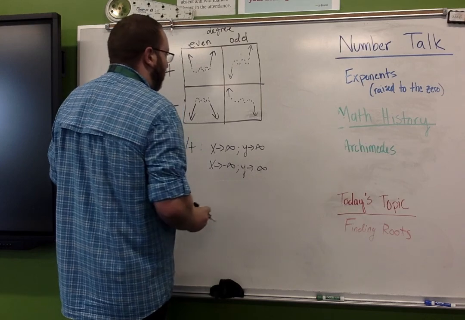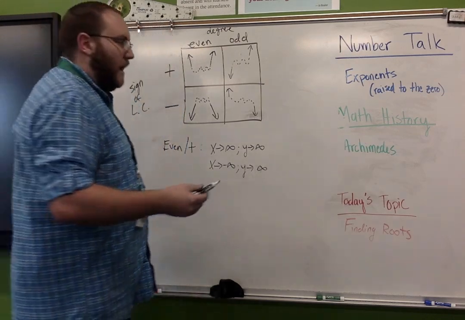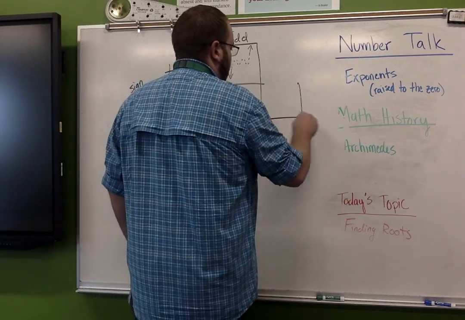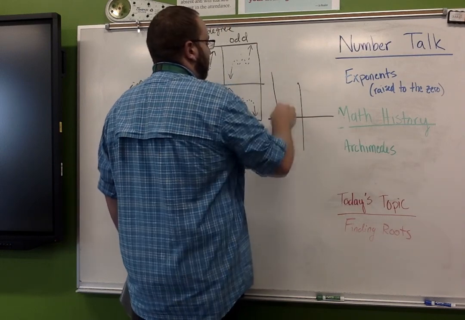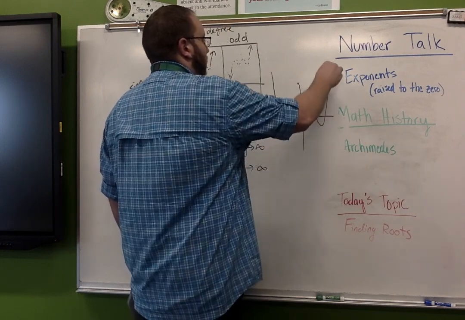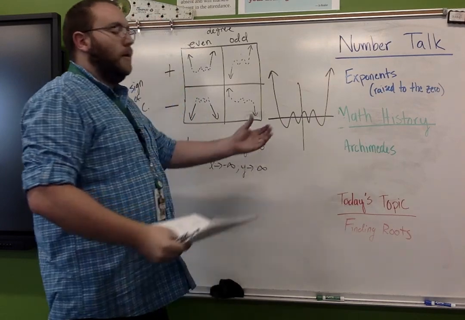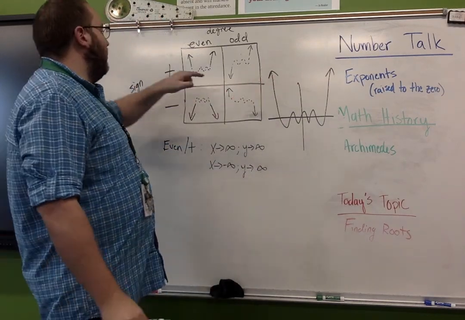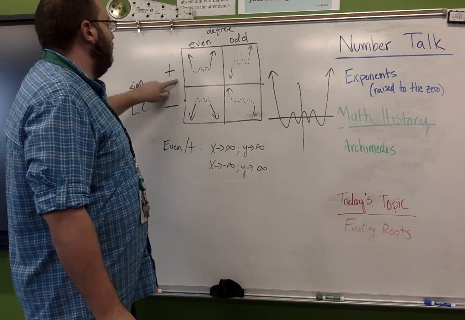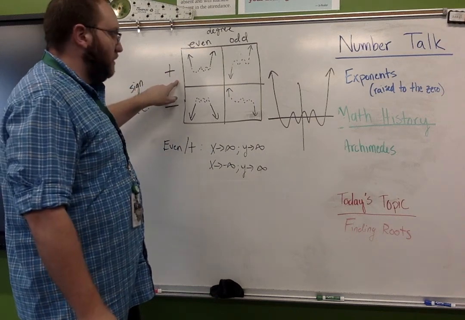I'll show you this right now. So let's say we have a graph and it looks like this. Both the tails are going up. That means that it's an even degree, positive leading coefficient.